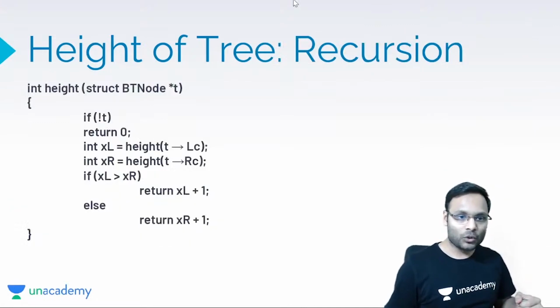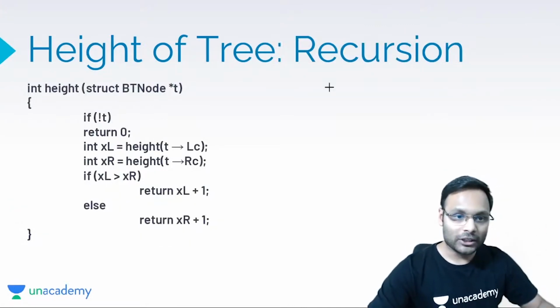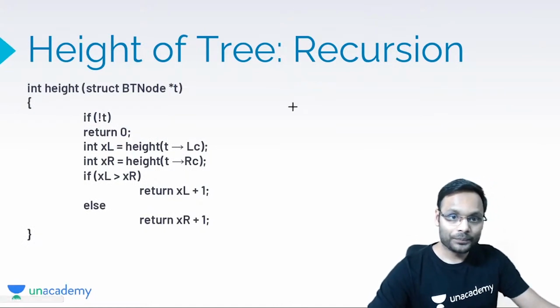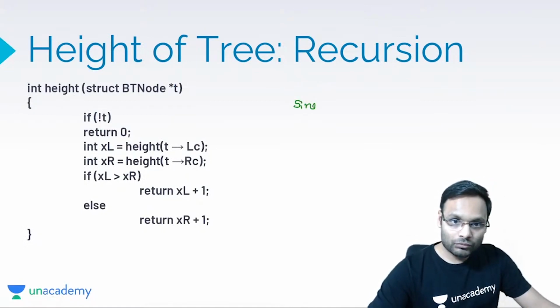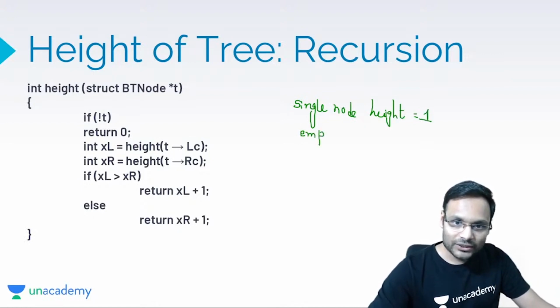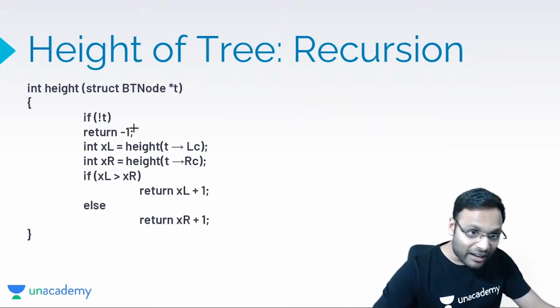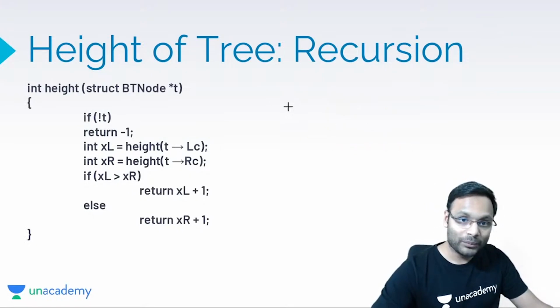Let's go ahead. So I have written these two definitions. This particular definition is for what? Single node height 1 and empty tree height 0. Similarly, when I will return -1, what does it mean?